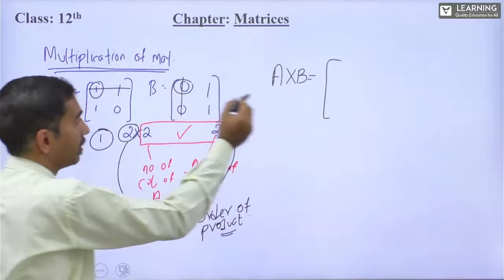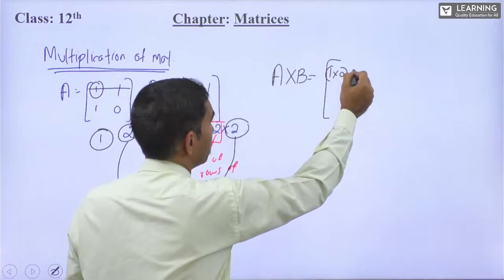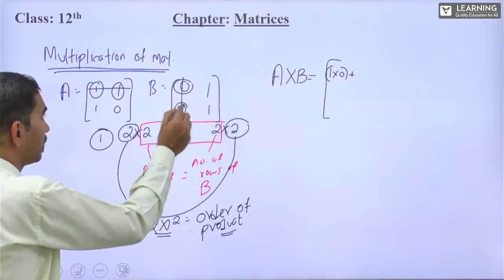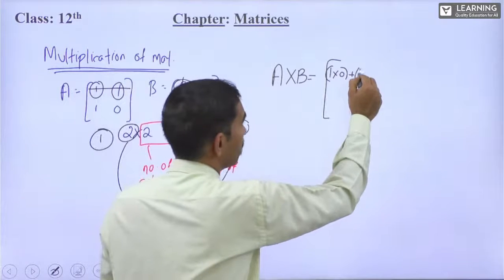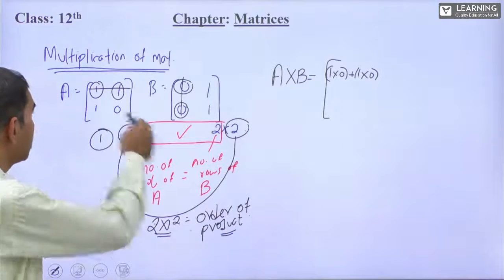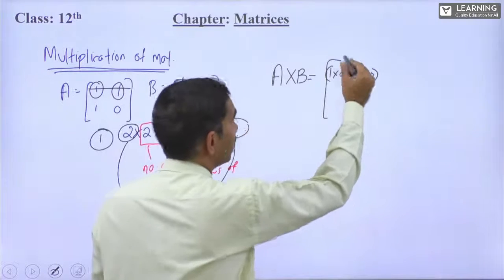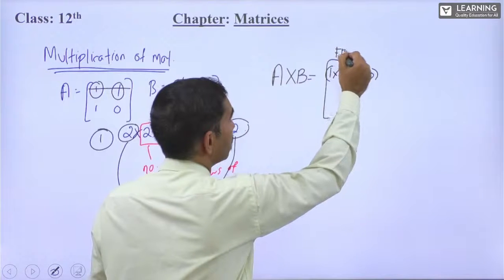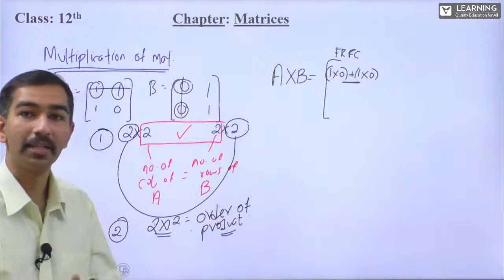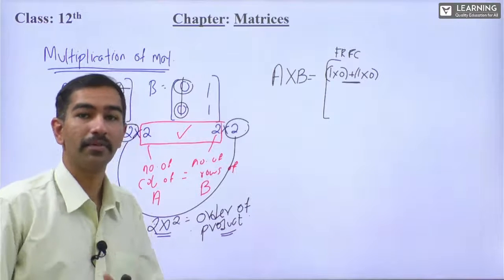So this is 1 into 0, right, inside the bracket, plus this multiplied with this, again 1 into 0. Means first row and first column is giving the first element here. So here we'll write first row, first column. First row, first column multiplication is giving us what? The first element in the product of matrices.